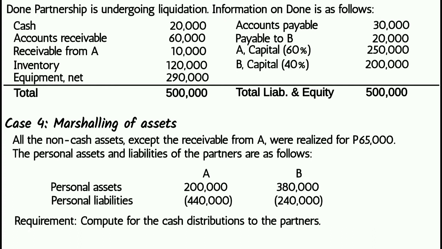Personal liabilities of A, 440,000 pesos. Personal assets of B, 380,000 pesos. And personal liabilities of B, 240,000 pesos. Requirement, compute for the cash distributions to the partners.